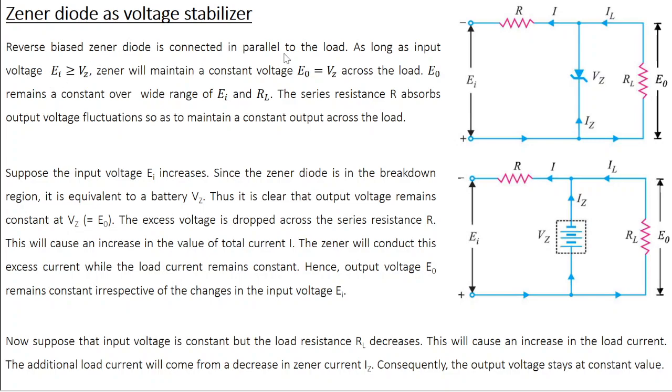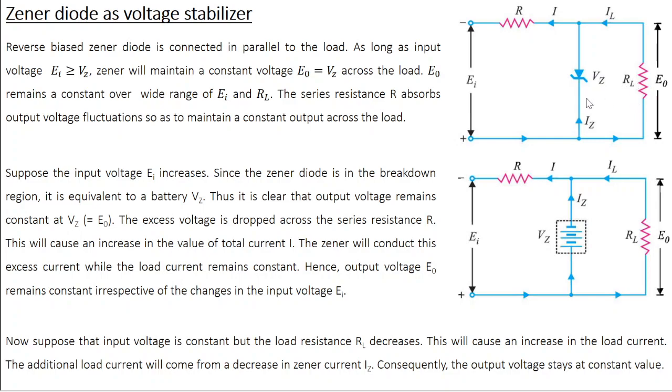So the reverse bias Zener diode is connected in parallel to the load. The input voltage here is EI, the output voltage, or the voltage across the load resistance, is E0, Vz is the Zener voltage, IZ is the current through the Zener diode, and IL is the current through the load resistor.